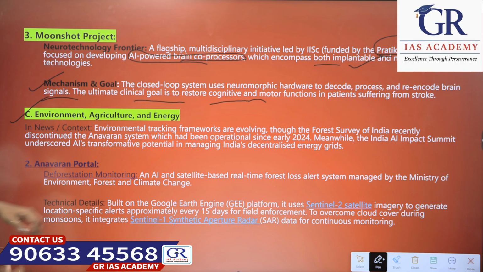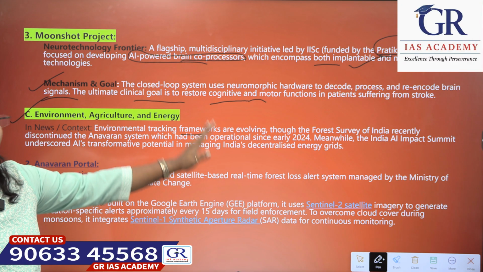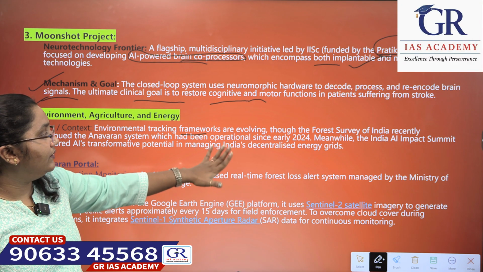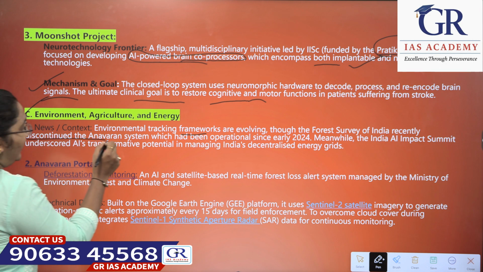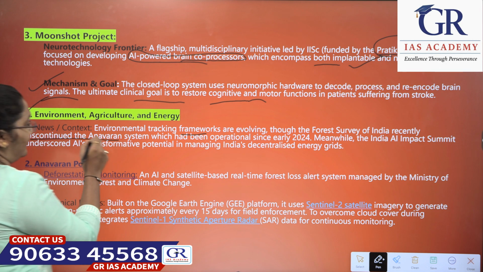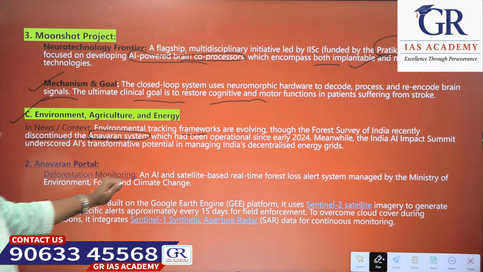In this sector, environmental tracking frameworks are evolving, though the Forest Survey of India recently discontinued the Anavaran system, which had been operational since early 2024.